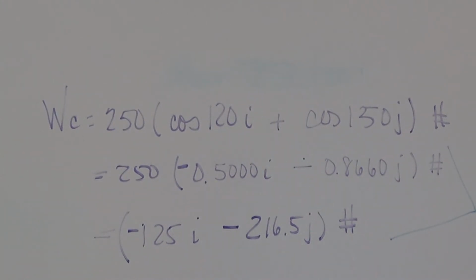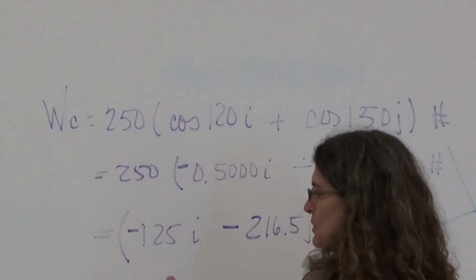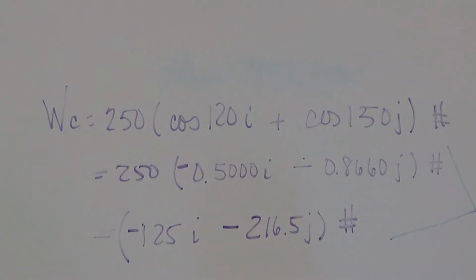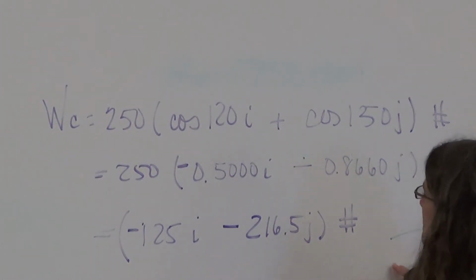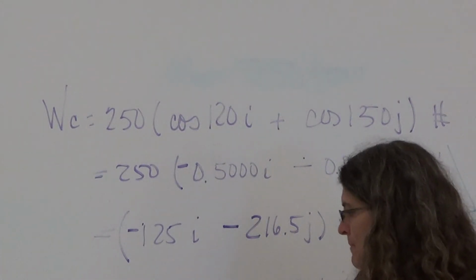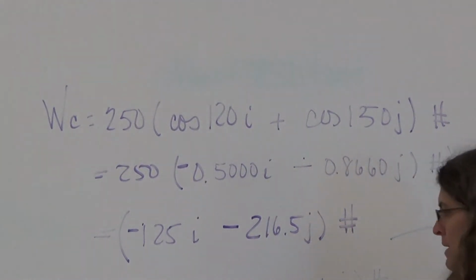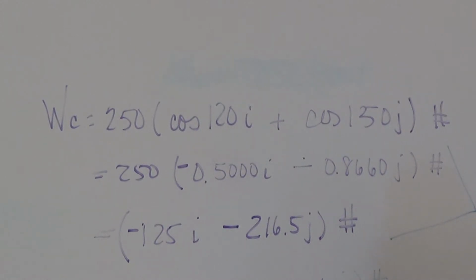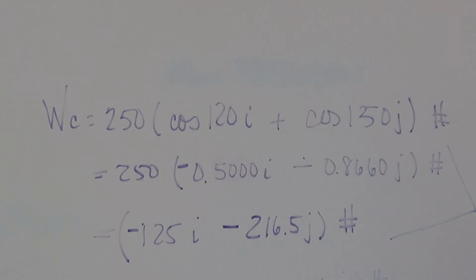And then what's the other one we have to do? W, right? So W is equal to W times, isn't it the same? We're looking at the same angle, so it's negative 0.5I minus 0.866J, and we know we're working with pounds. So it's negative 0.5 W I minus 0.866 W J, and we're dealing with pounds.